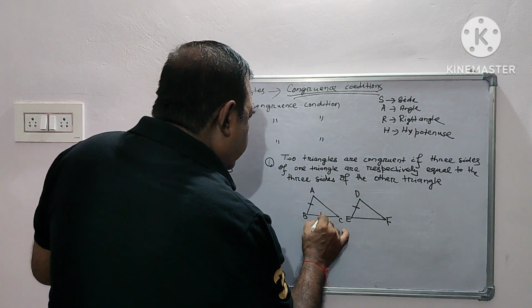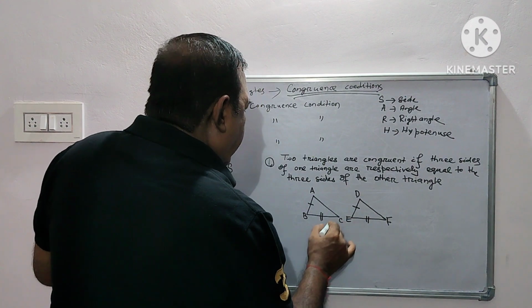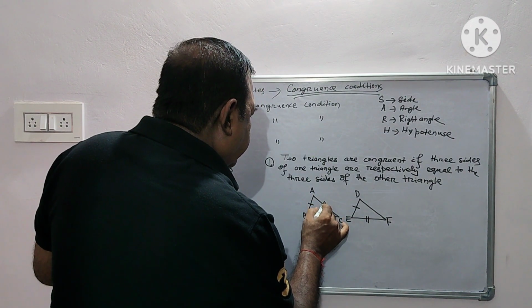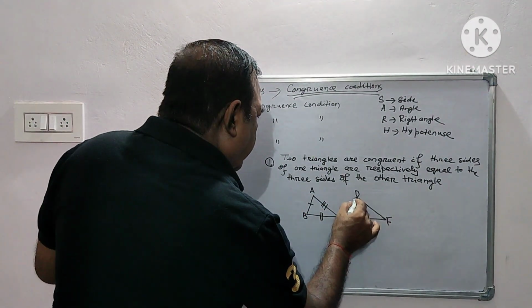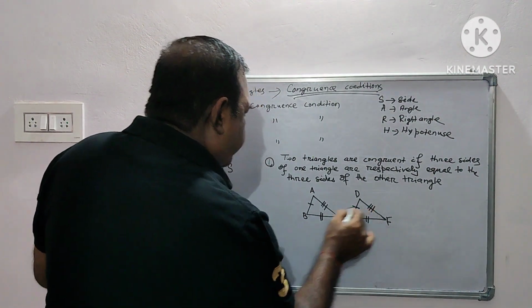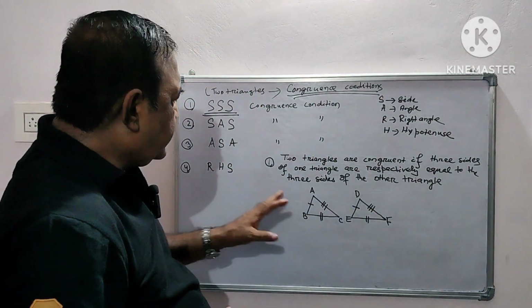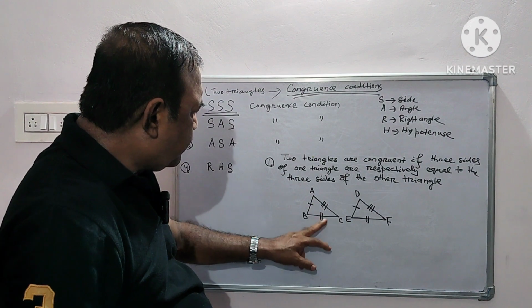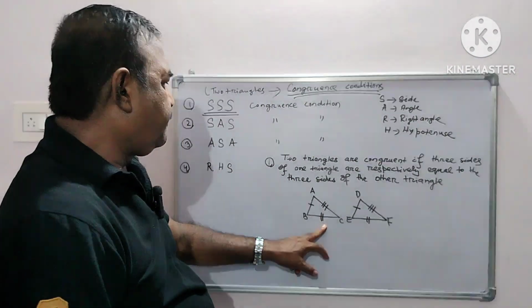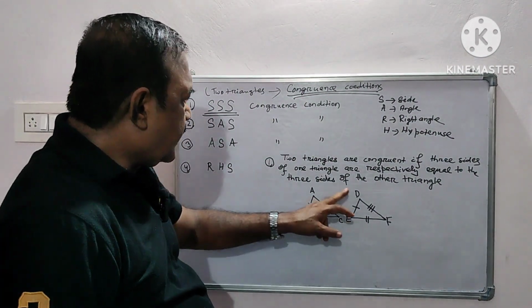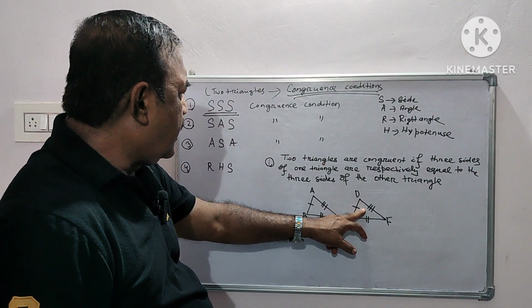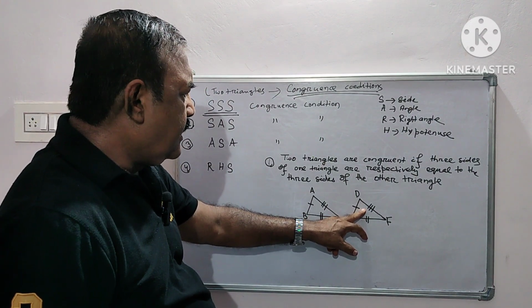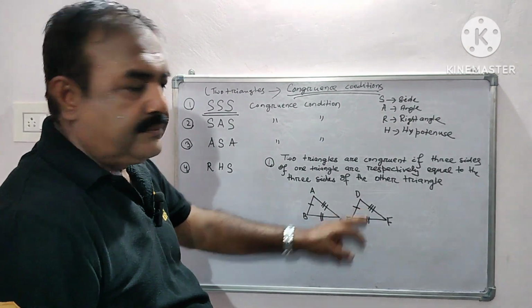The length of BC is equal to the length of EF, and the length of CA is equal to the length of FD. So you see, three sides of triangle ABC are respectively equal to the three sides of triangle DEF.